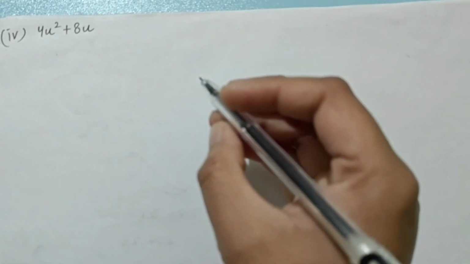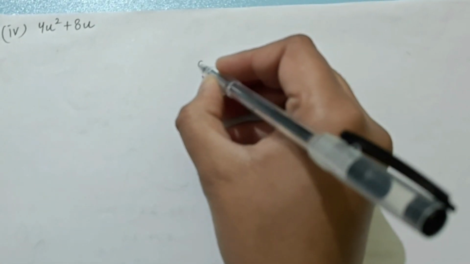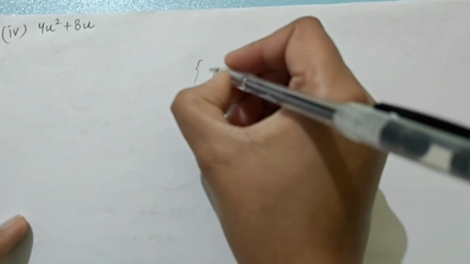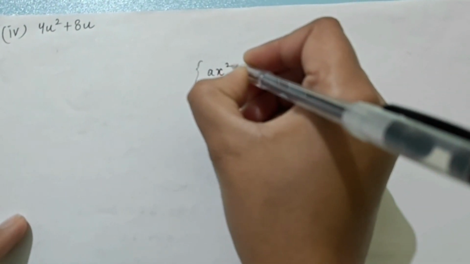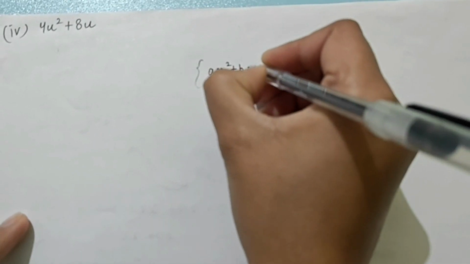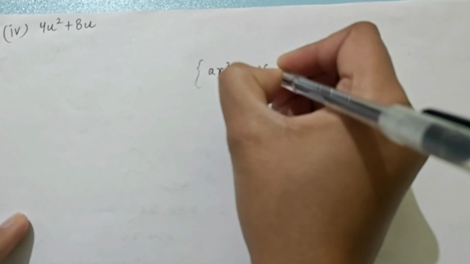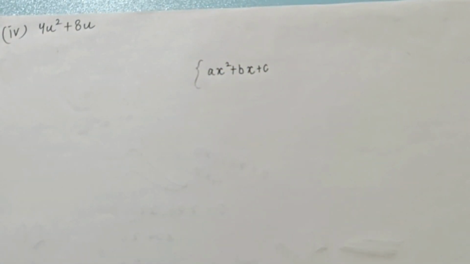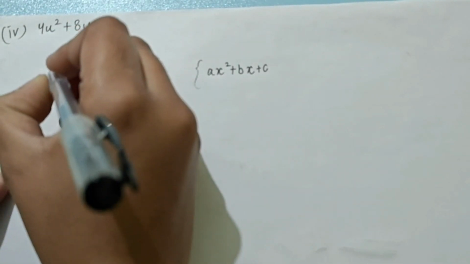Now we have the 4th part, that is 4u square plus 8u. This is my general equation, which is ax square plus bx plus c. Okay. So what is a here according to that?